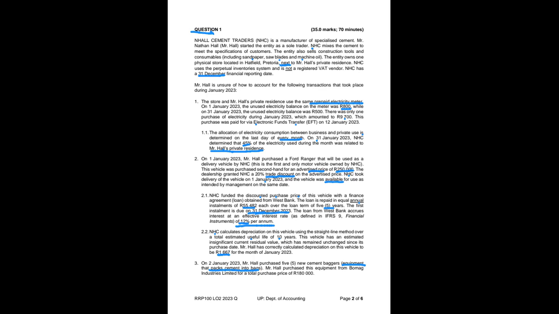It then says Mr. Hall purchased this equipment. Again, the examiner is emphasizing that it's equipment from Bomac Industries Limited, and the amount that they purchased it for was 180,000. Now, at the top of the next page, you'll see that Bomac Industries extended credit to Mr. Hall in the form of a personal cash loan. Question: who did they extend credit to? They extended credit to Mr. Hall.